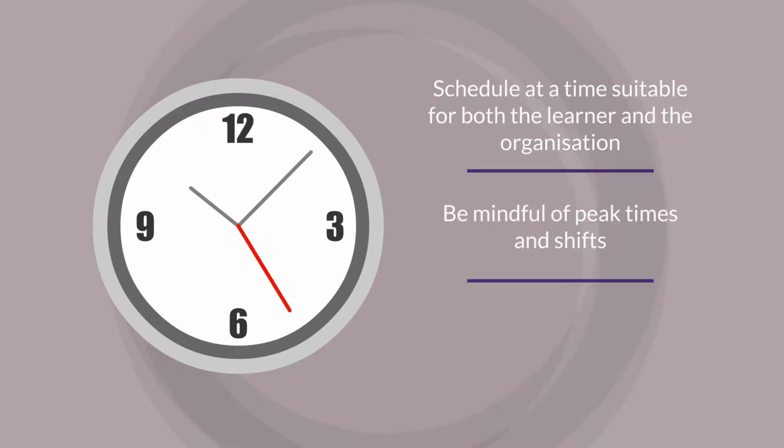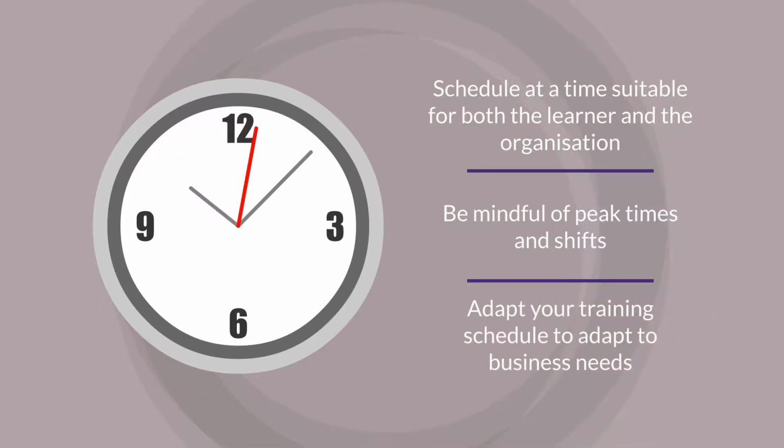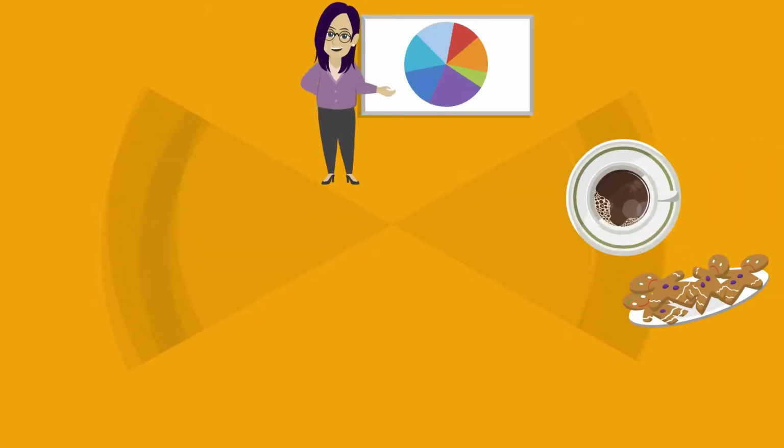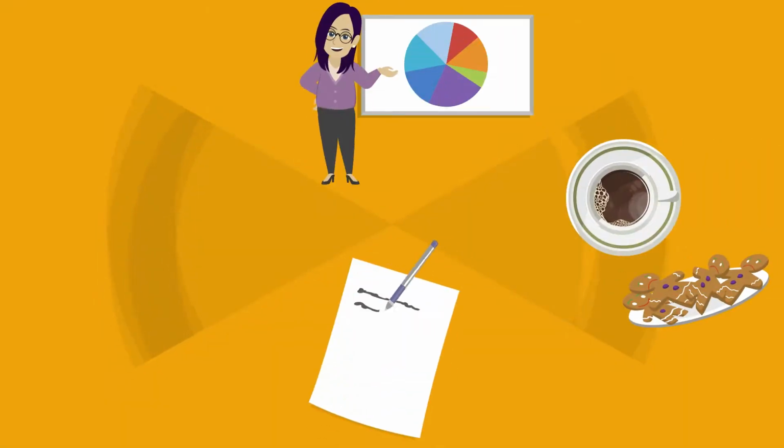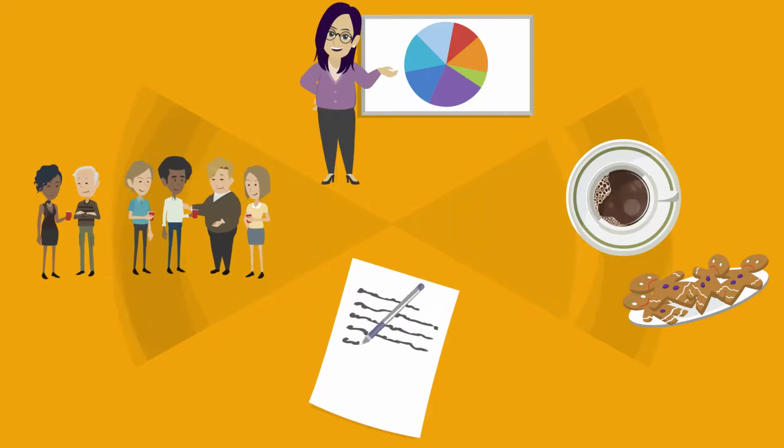Be mindful of times that are considered to be peak times for the business, or if the learner is scheduled to work in specific shifts such as an afternoon or a morning shift. Your training schedule will need to adapt to the particular needs of the trainees and the business. Learning a new skill can be mentally draining, so schedule the training into small chunks to reduce mental fatigue.